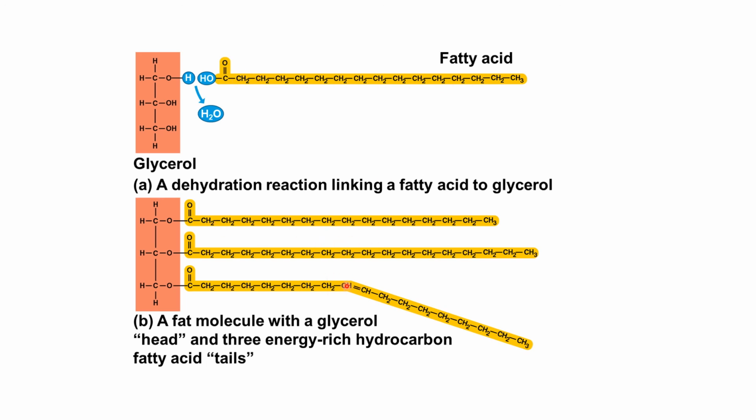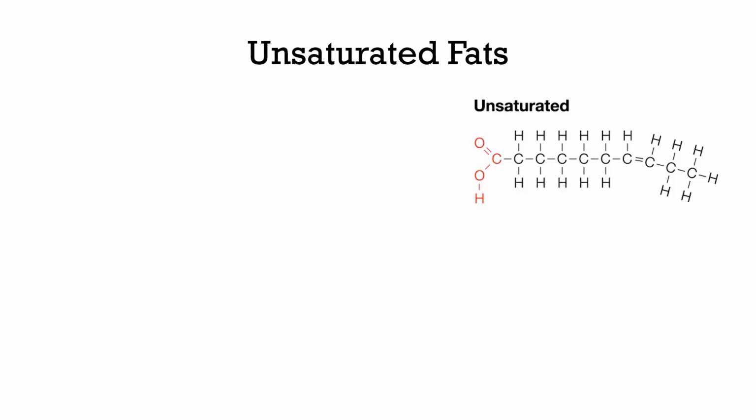I'm going to talk to you about why this is bent right here, but they can either be straight or bent. The way that the fatty acid tail joins to the glycerol molecule is that it does a dehydration reaction. So you have the H and the OH, that then makes water. So right here, this would be considered a triglyceride because it has 3 fatty acid tails.